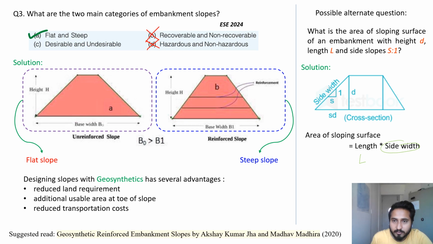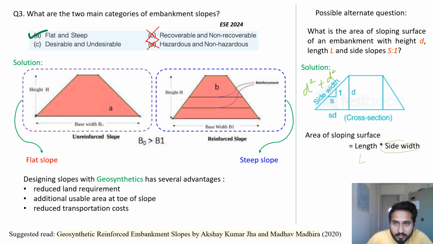Side width will be root over of D square plus (DS) whole square.